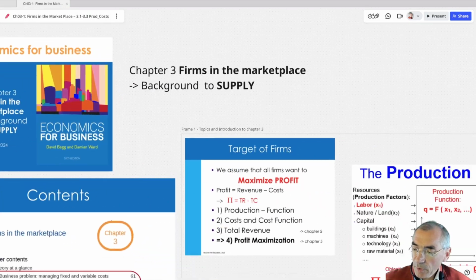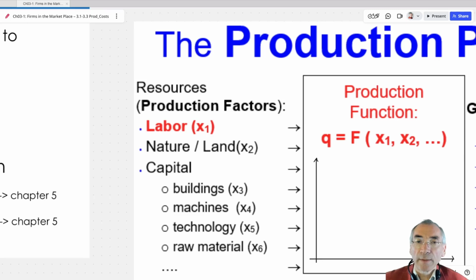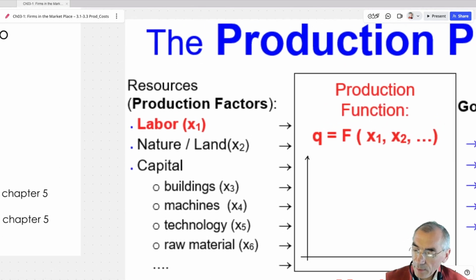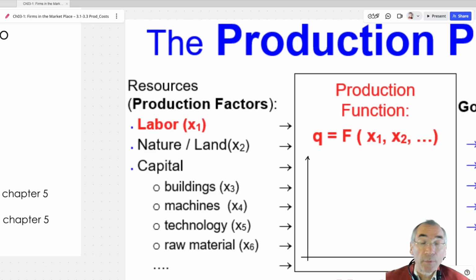Also for this production process, I already copied the slide here to our whiteboard. And you can see here the production factors: labor, nature or land, capital, and entrepreneurship. I even didn't write this down here, but we know that's the fourth one.